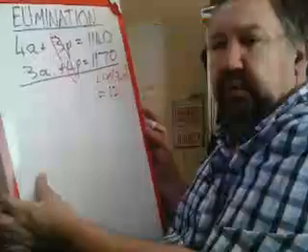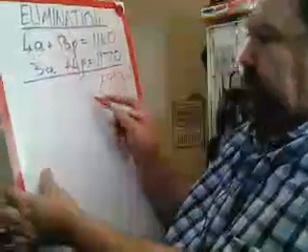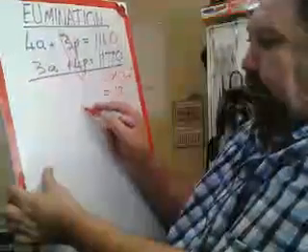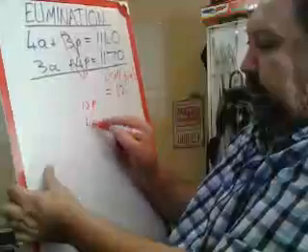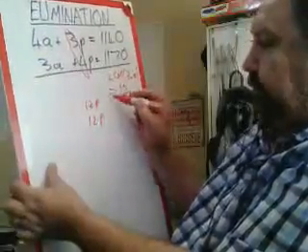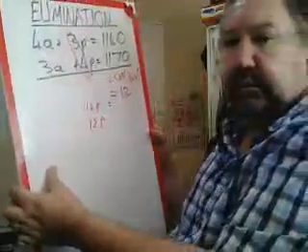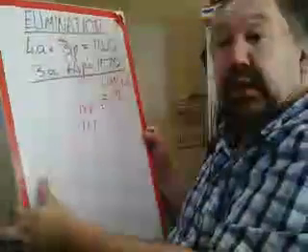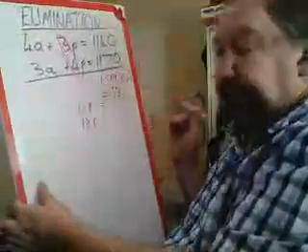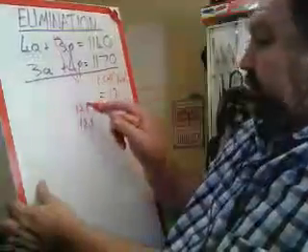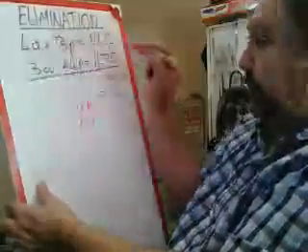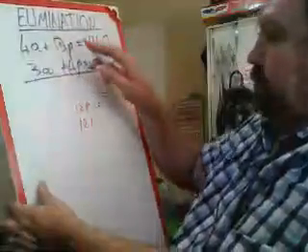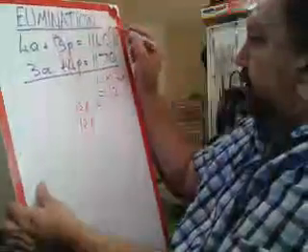So we're going to rewrite these equations so that we have a 12p and a 12p. Therefore, if we subtract these two equations, the p's will disappear. So how do we get 12p in the first equation? We multiply by 4.